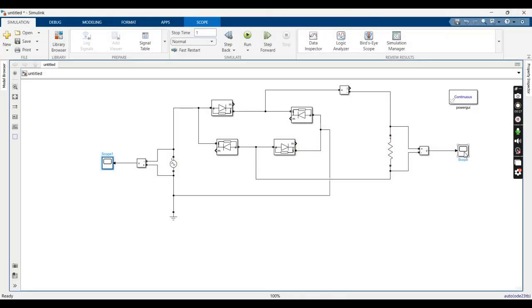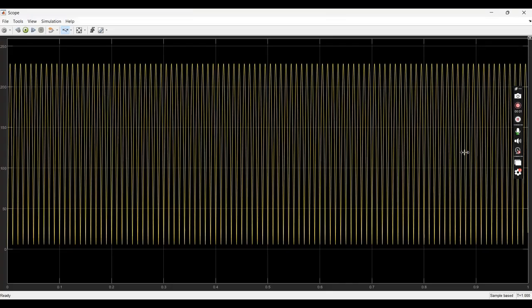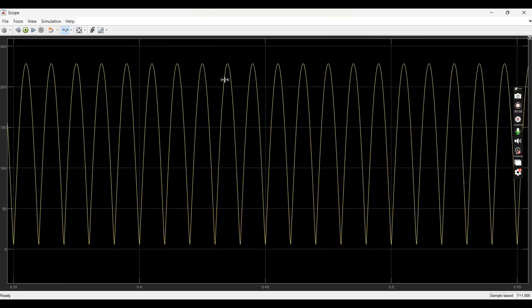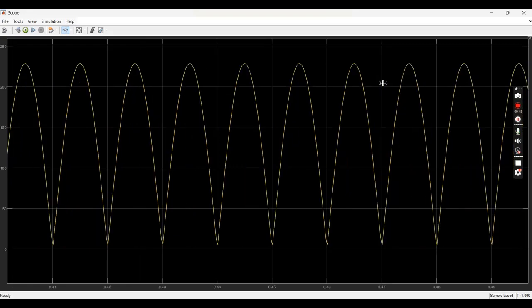Now click on the DC voltage. You can see the full-wave rectifier works on both the positive half cycle and the negative half cycle. The rectification is done fully, and we can see 81.2 percent efficiency of rectification.